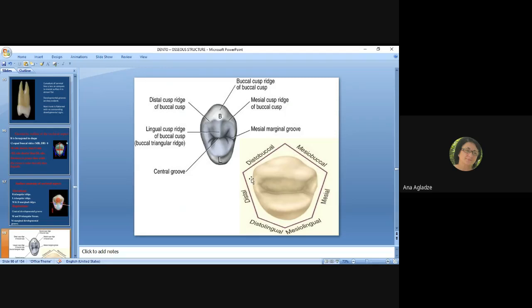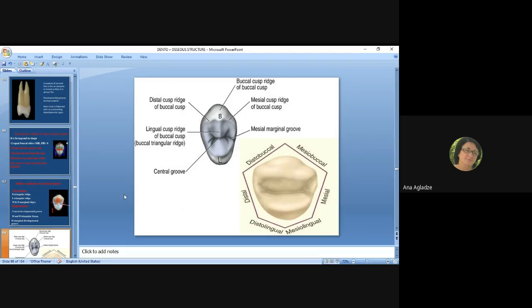These are mesiobuccal, distobuccal, distolingual, mesiolingual sides, and you can see the central groove and mesial marginal groove here, central groove, and mesial marginal groove here, and you can see the lingual cusp.